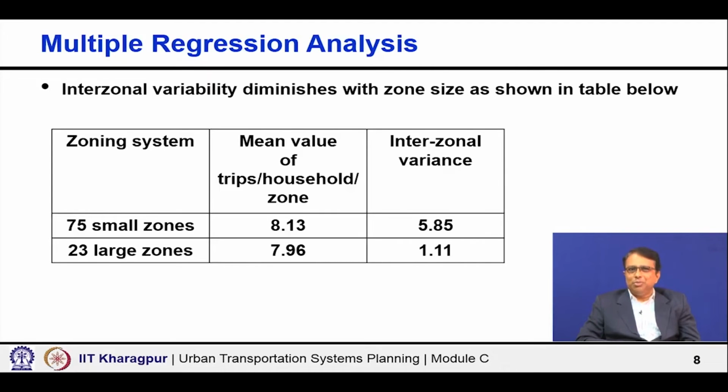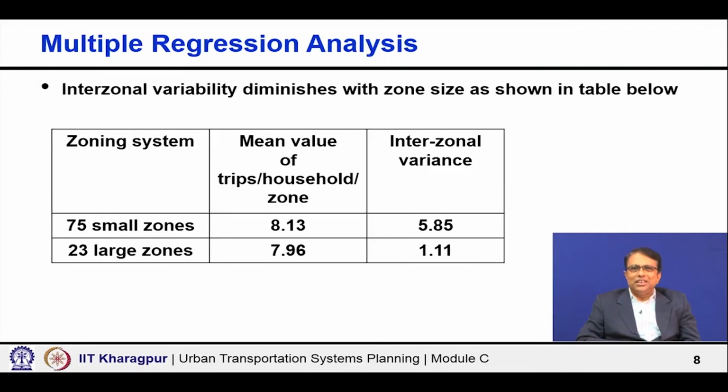When we use a small number of zones or a large number of zones, the values are not the same. More particularly, the interzonal variation is going to be very different. When you use 23 large zones, you get interzonal variation of only 1.11, whereas with 75 small zones, your interzonal variance came as 5.85.